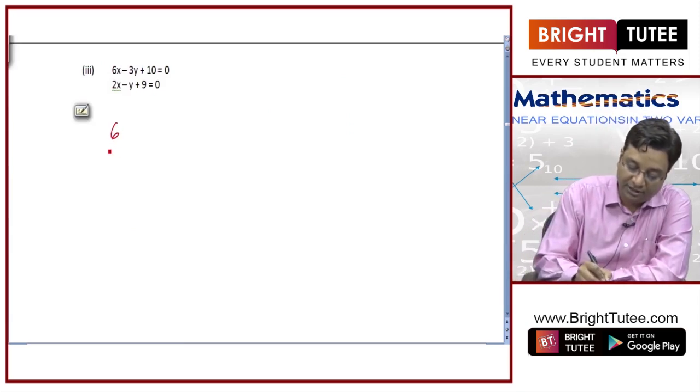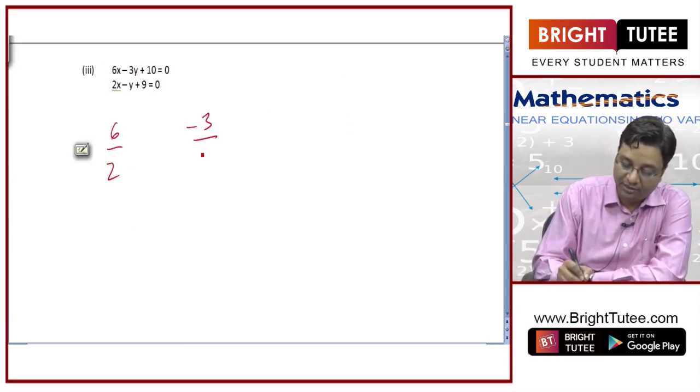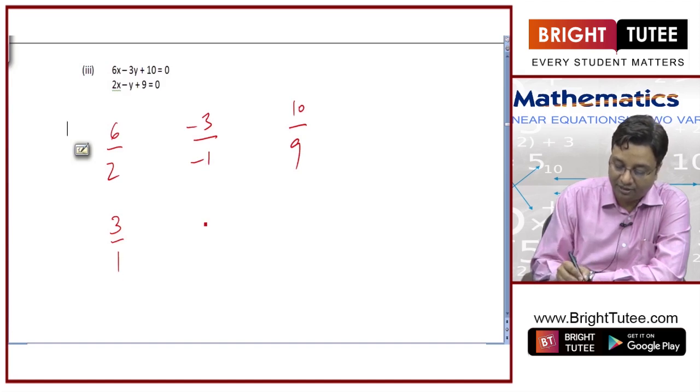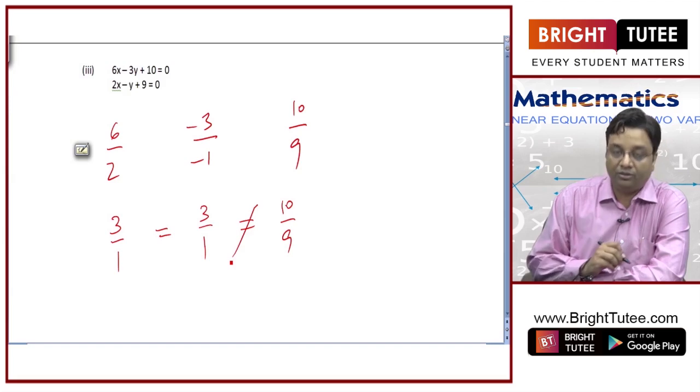Look at these coefficients: 6 by 2, minus 3 by minus 1, 10 by 9. 6 by 2 is just 3 by 1 and minus 3 by minus 1 is again 3 by 1, but this is 10 by 9. So these two are equal, but this is not equal to these.